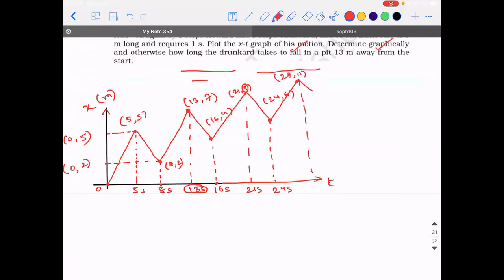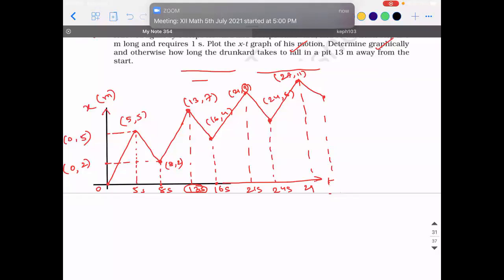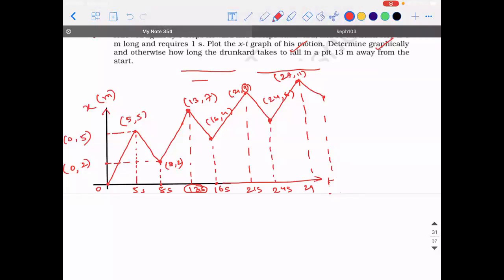Then he'll come back 3 steps. Sorry, one minute. Did I make any mistake? Sorry, in the process of shifting, did I miss something? Did you guys understand what I'm trying to do?